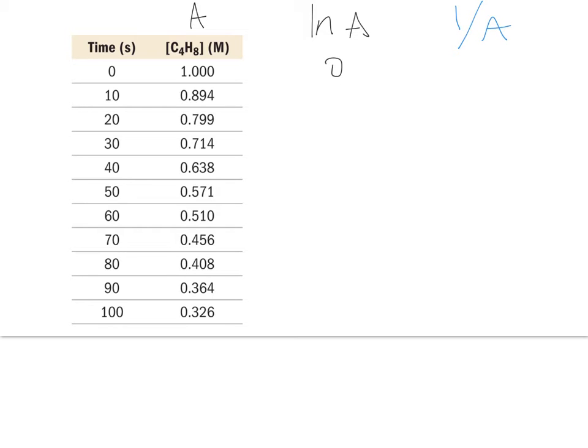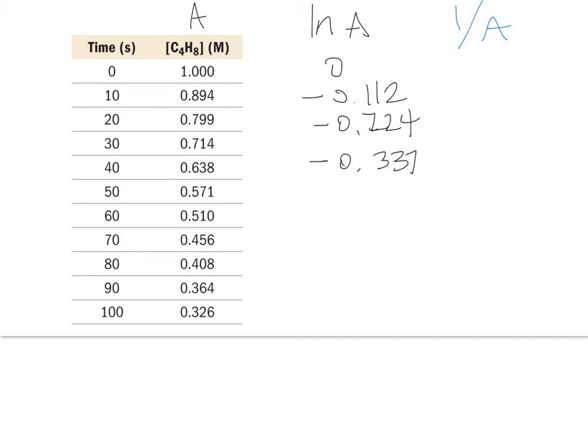Natural log of 0.894 is negative 0.112. Natural log of 0.799 is negative 0.224. Natural log of 0.714 is negative 0.337.